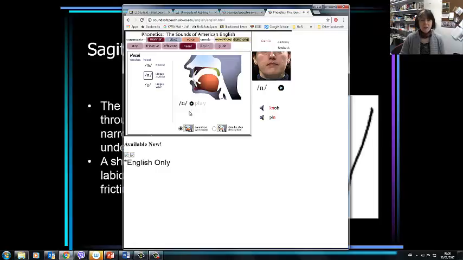Okay. Now if we wanted to show the step-by-step description, we can do that here, and that gives you some information about how this sound is articulated, and as you click through it indicates the different stages, and some of the things it says are quite interesting. So for example, lip configuration may vary depending on phonetic context.